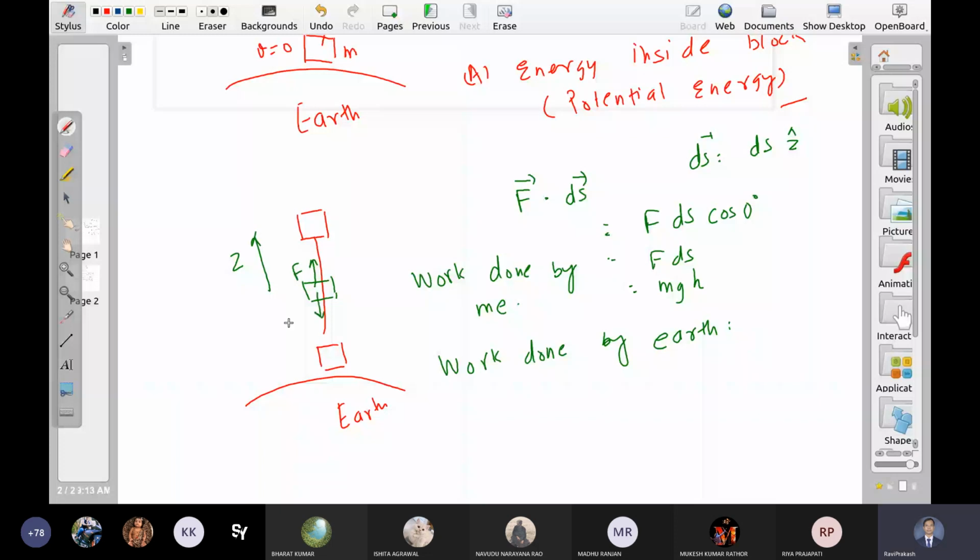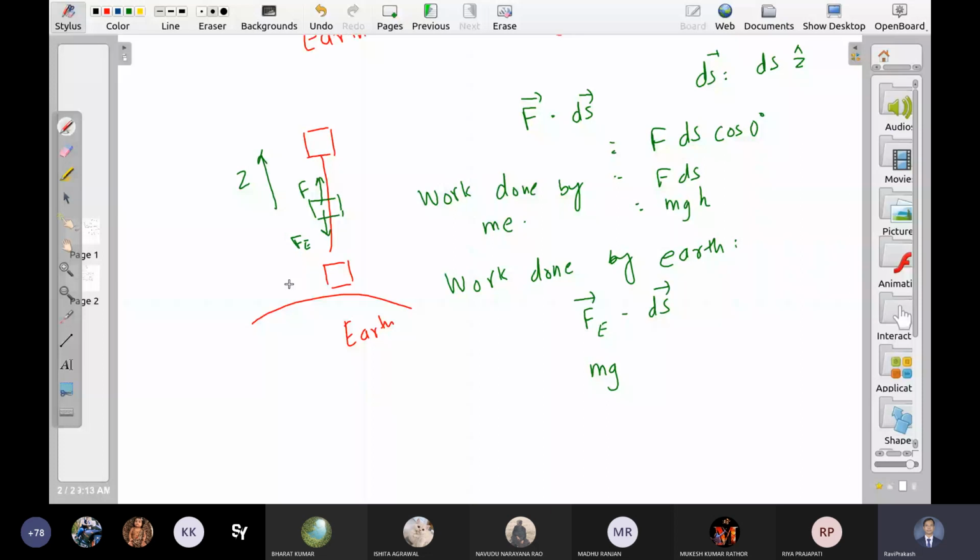What is Fe? mg, direction downward, minus j cap, dot, what is the movement of the block? The block is obviously moving up, ds j cap. So it is equal to minus mg, integral also, W_e is minus mgh.